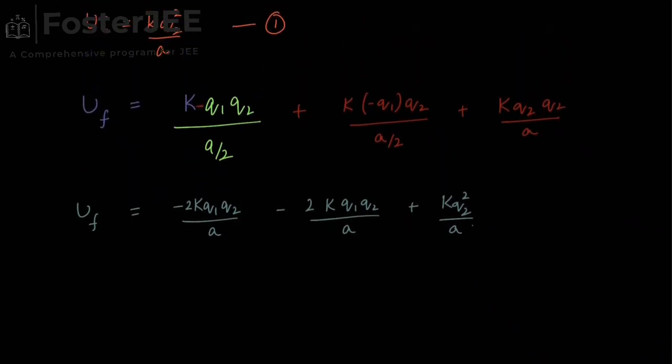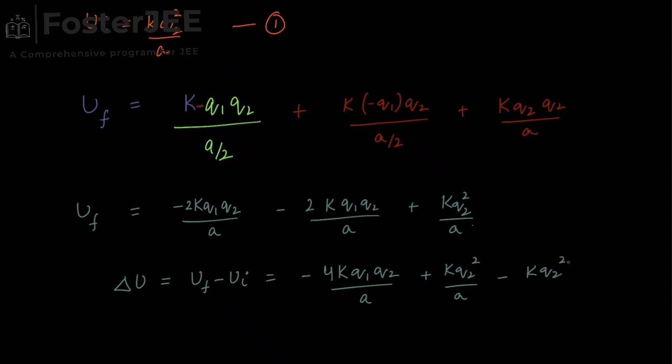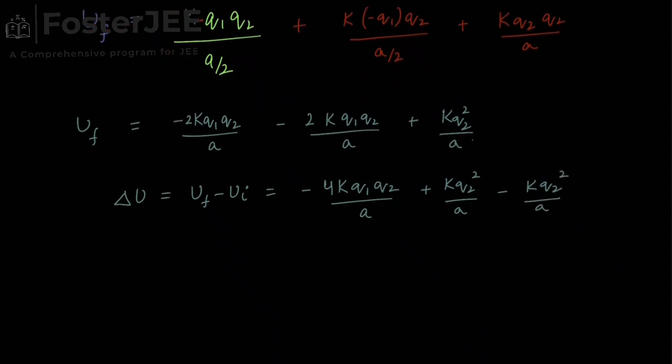Hence the change in potential energy becomes U final minus U initial, that will be minus 4K Q1 Q2 upon A plus K Q2 square upon A minus K Q2 square upon A, because initially the potential energy was this.